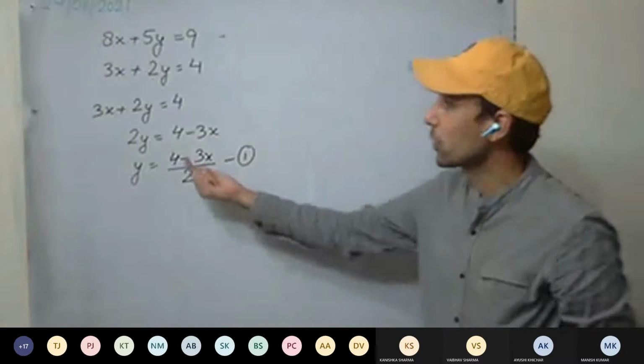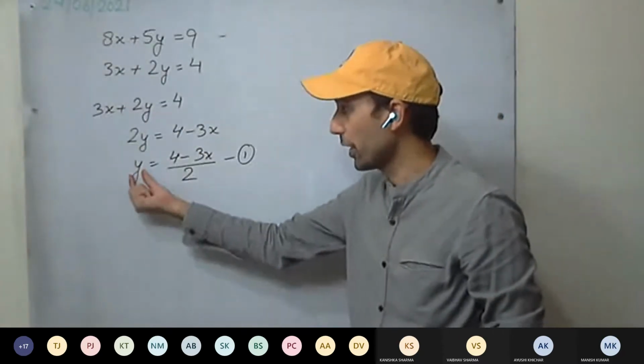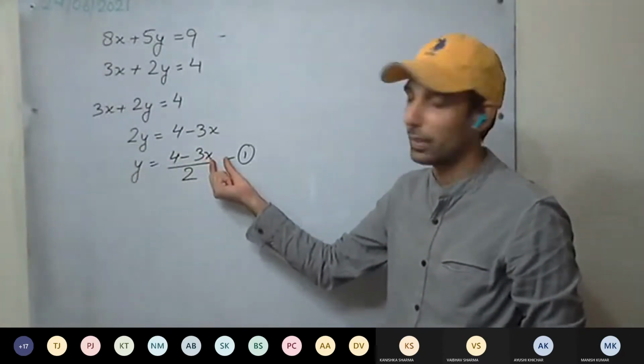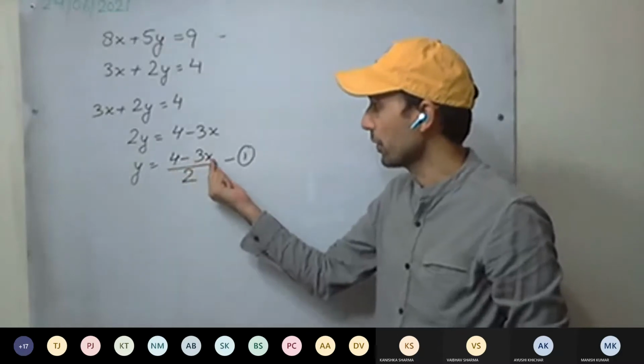This is clear. So we have calculated the value of one variable in terms of the other variable. Calculate the value of y in terms of x.